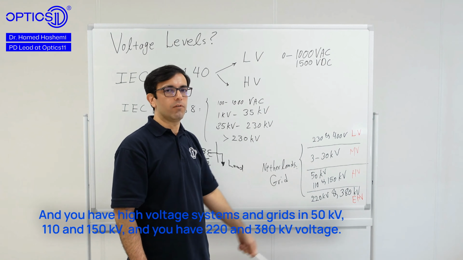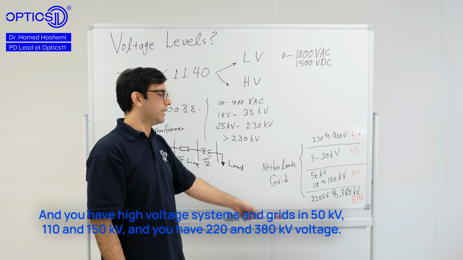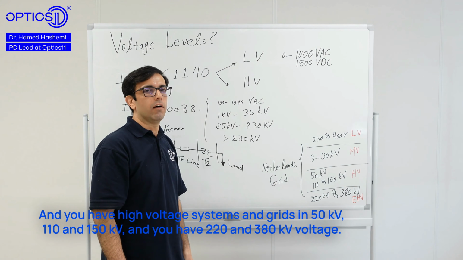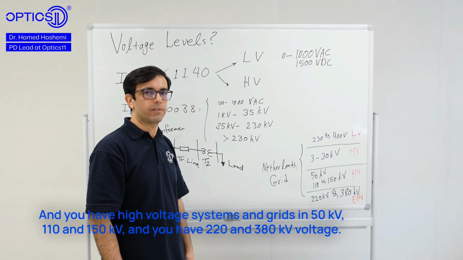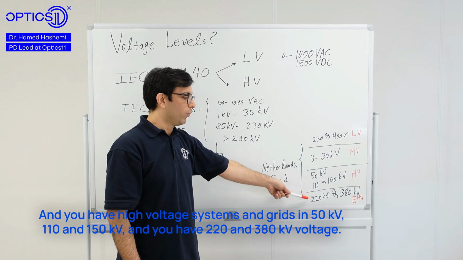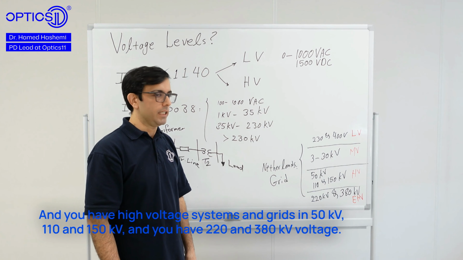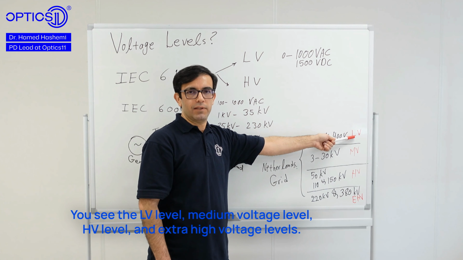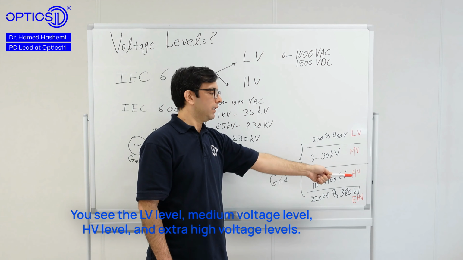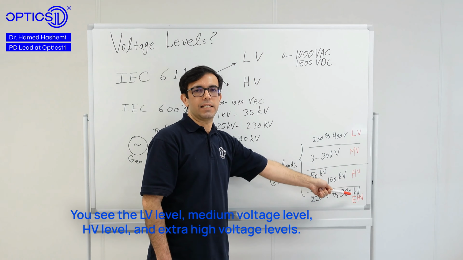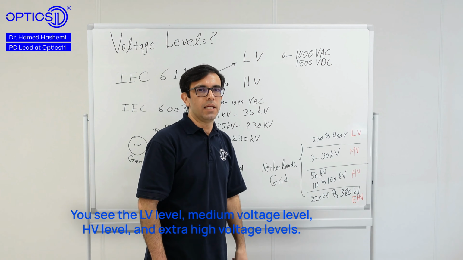And you have high voltage systems and grids at 50 kV, 110 and 150 kV, and you have 220 and 380 kV voltage. You see the LV level, medium voltage level, HV level, and extra high voltage levels.